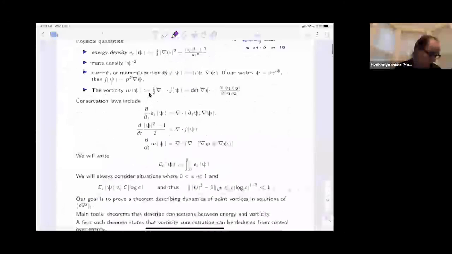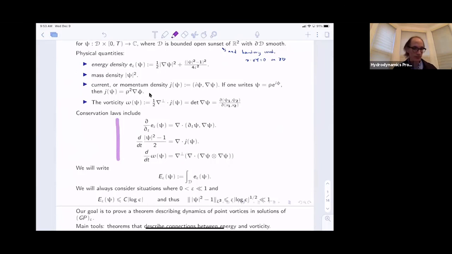I have some information: this equation for the evolution of vorticity, which involves the gradient of grad perp of psi, grad psi tensor grad psi. We'll do this next time, but I'll use this again and again to extract more, and first I'm going to get crude control.